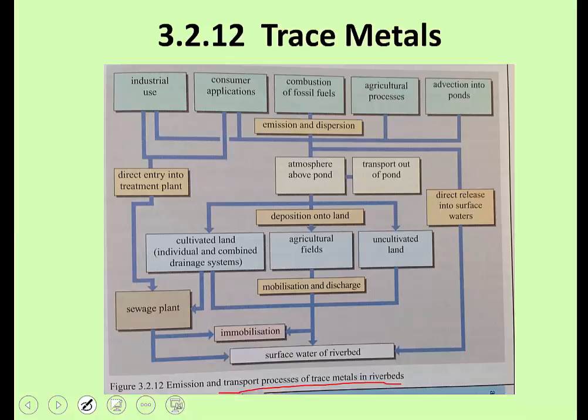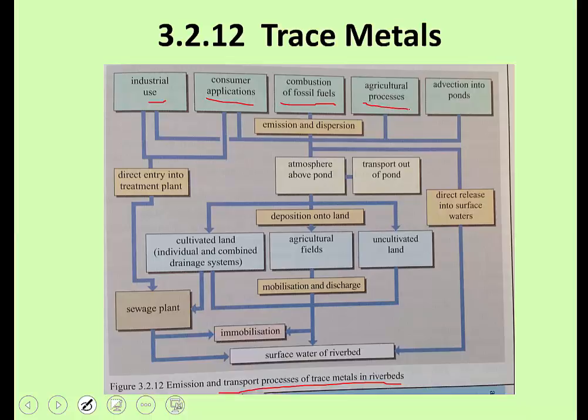So where are they coming from? Well, industrial use and various consumer applications. We are probably washing more ions down the drain than we know with our various products. Fossil fuels: when we burn those, we are releasing several metals. Minor quantities for an individual, but taken in total, it's quite a bit of metal getting released.